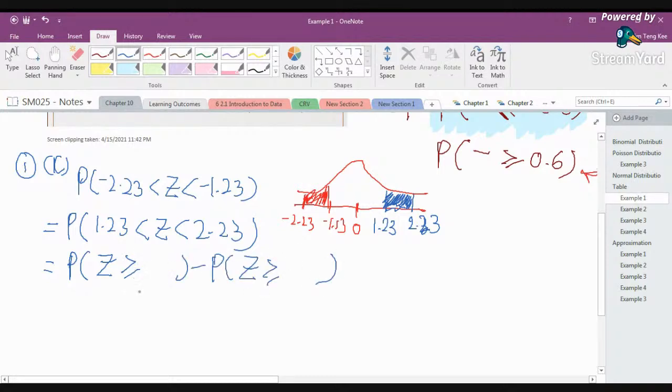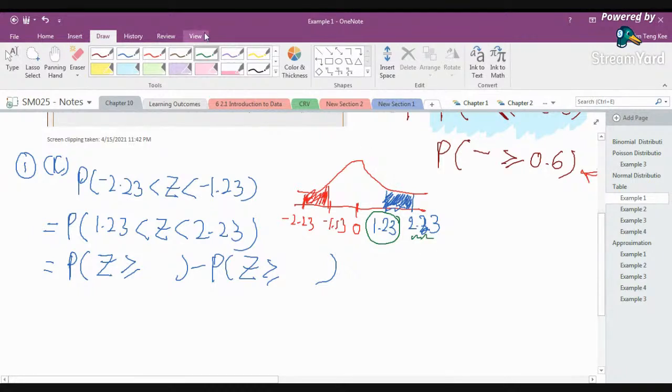Again, whether you have an equal sign or not doesn't matter in this case for the normal distribution. And which value are we going to subtract from the other? Let us see whether the region from 1.23 to infinity is larger or the one from 2.23 to infinity is larger.